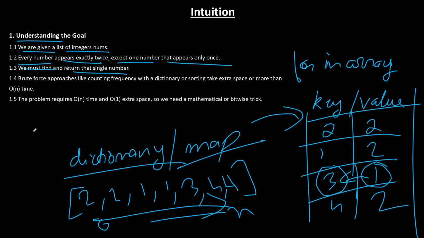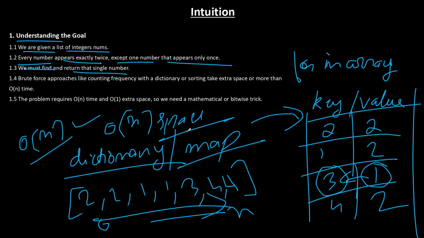That will take O of n time complexity, which is fine, but it will also take O of n space complexity. And if you remember, it was pointed out that the space complexity should be constant, not O of n. So you could tell the interviewer this solution, but then you have to jump to the one which uses only O of one extra space, which is basically constant space.